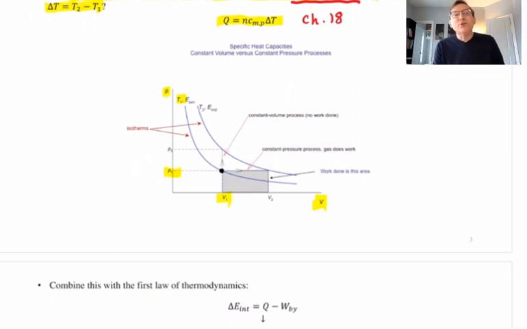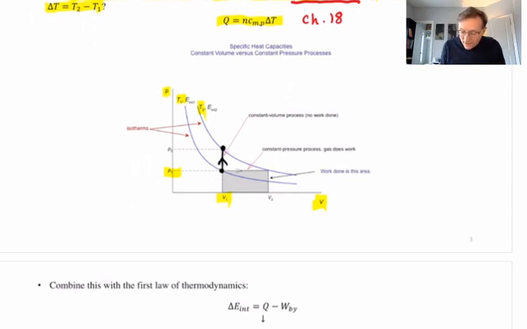Now let's imagine the two experiments I've been thinking about, one by one. The first experiment we talked about was adding energy as heat, Q, to get the temperature to go from T1 to T2 while holding the volume constant. That's this path right here, straight up until we get to that point on the T2 isotherm, with T2 higher than T1.